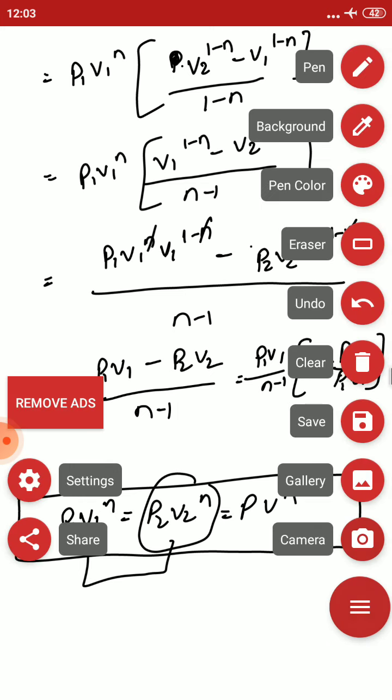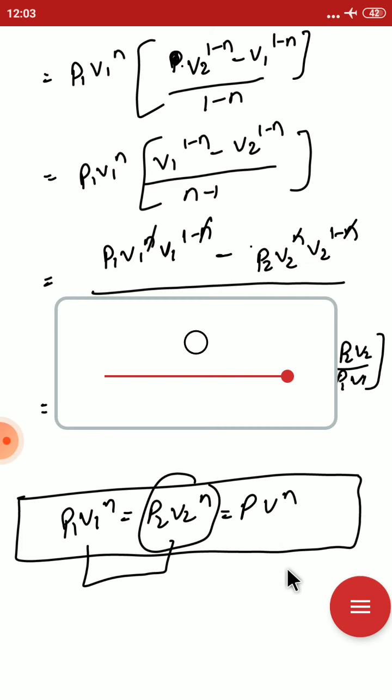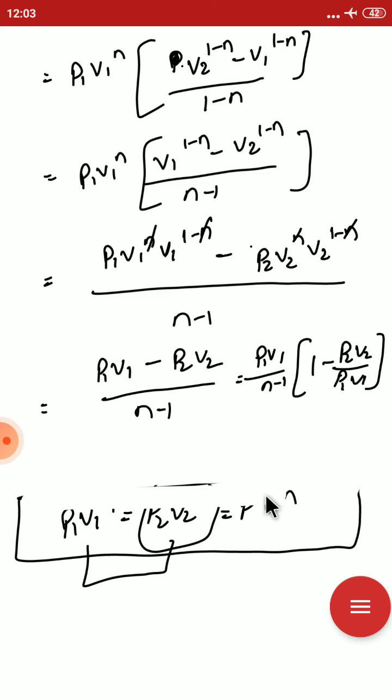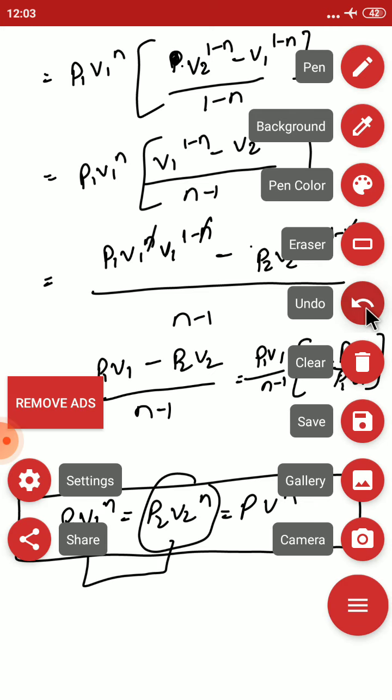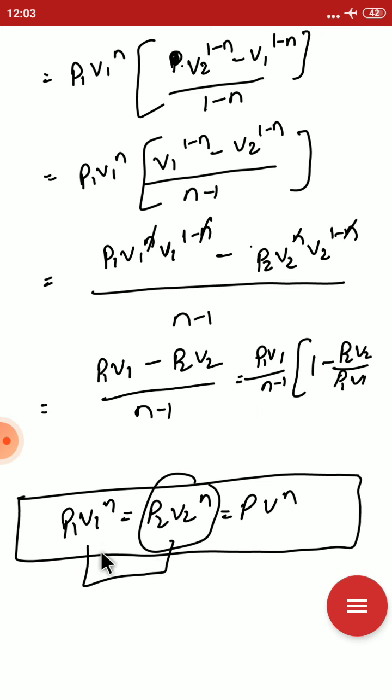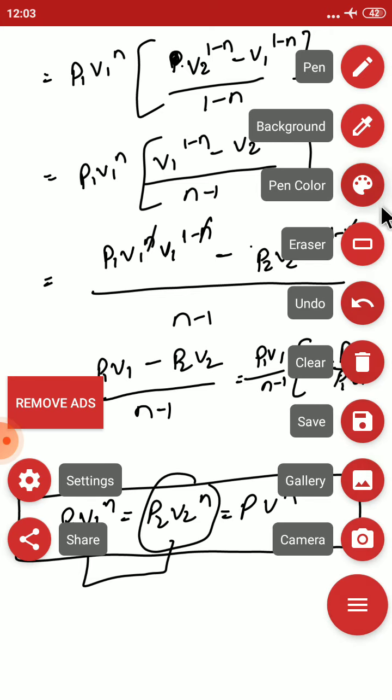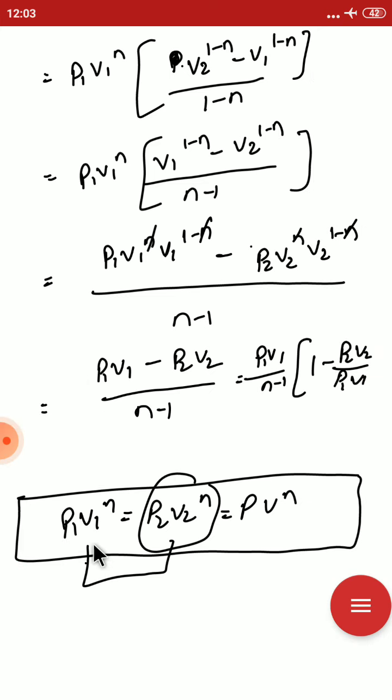For this we need a relation: how V2 by V1 can be written. We can use whichever relation we need.